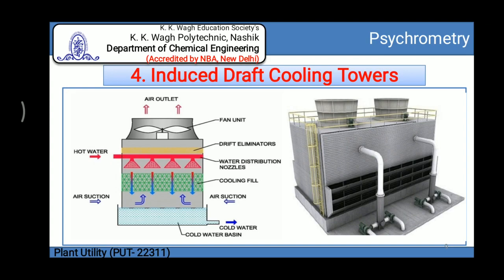In this figure you can see the induced draft tower. Here the mechanism is the same as the natural draft tower, but here we can see at the top of this tower an exhaust fan is provided, and these induced draft towers are designed to eliminate the recirculation effect which happened in the forced draft tower.